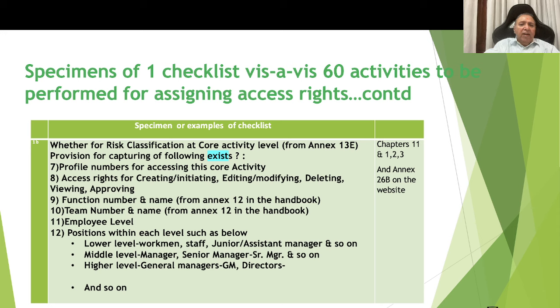Number one, profile number of the accessing the core activity, access rights for creating, initiating, editing, modifying, deleting, viewing, approving, whether defined properly, function number and name, team number and name, employee level and position. That means the lower level workman, staff, junior, assistant manager, etc. Middle level manager, senior manager, general manager, etc. And the higher level general managers and directors, etc. Now these need to be very well stated in the checklists.